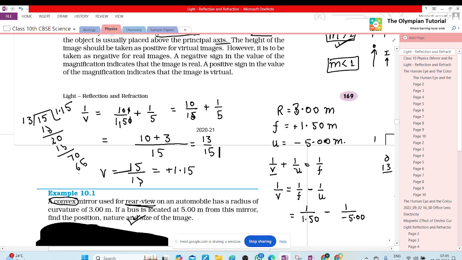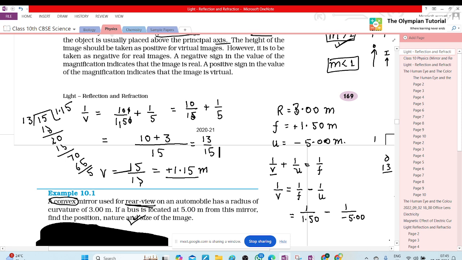I forgot that after you put the decimal point, zero will come again automatically. You can leave it here because up to two decimal places, it will become plus 1.15 meter.